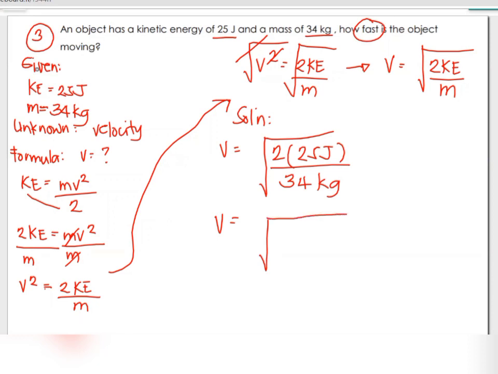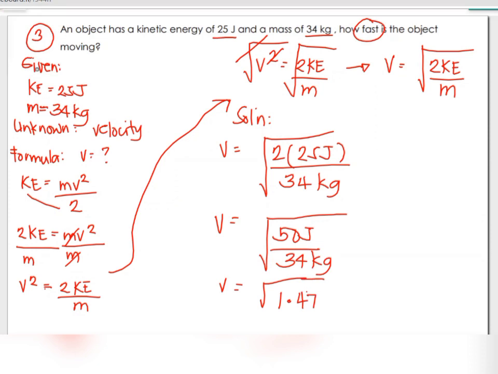So, 2 times 25, that is 50 joules divided by 34 kilograms. So, ito class, pag dinivide nyo yung 50 at saka yung 34, what will you get? So using a calculator, 50 divided by 34, you will get 1.47. So, ayan class, 1.47. However, this one, hindi nyo pa siya na-square root.